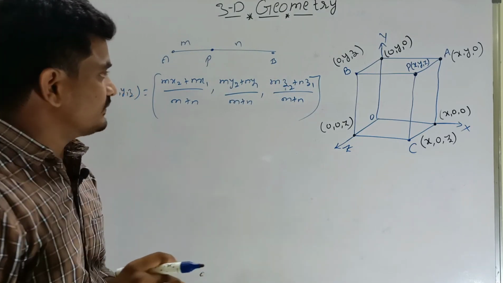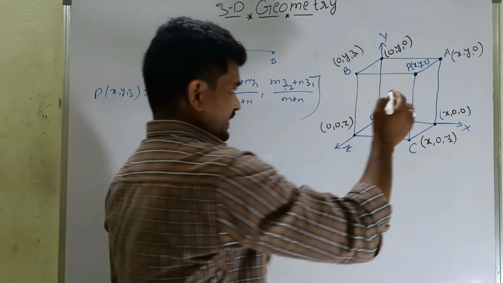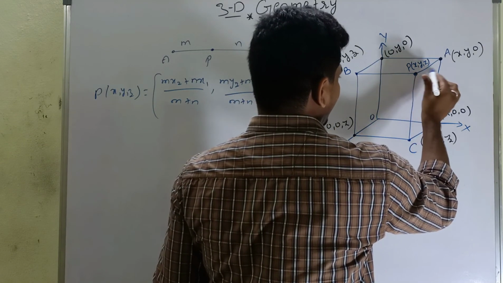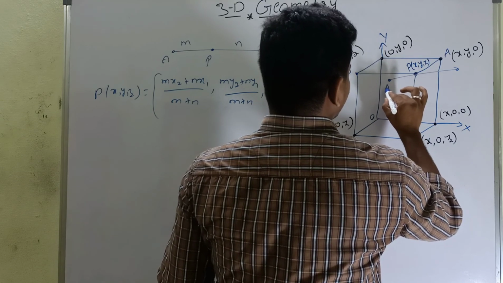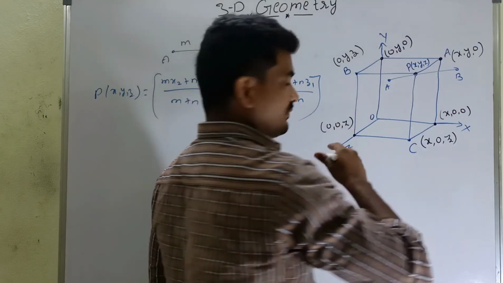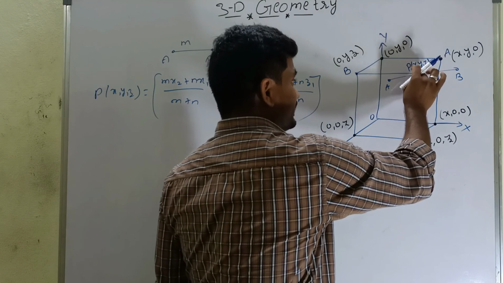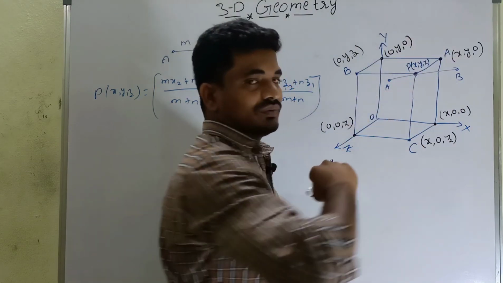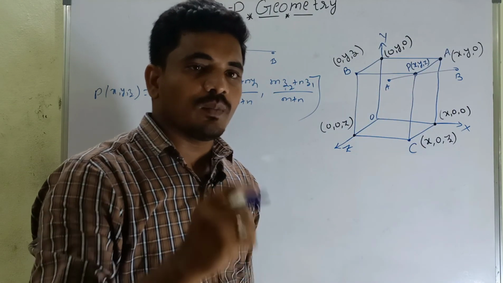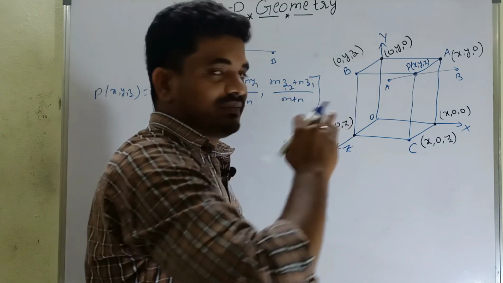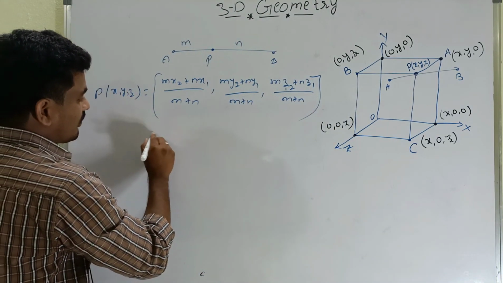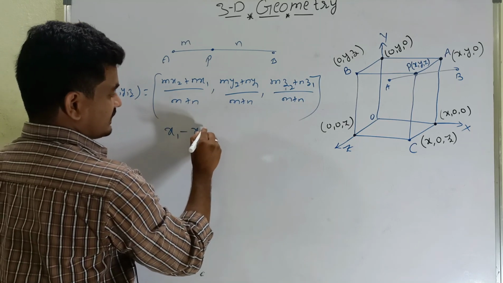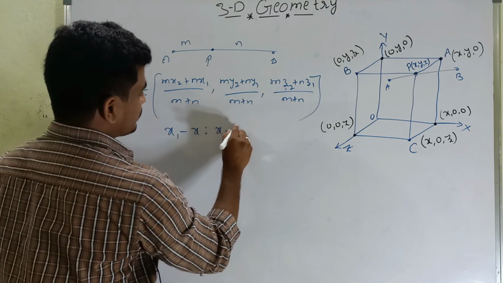Okay, and next term, for example, there is a line, here a point A and B. In what ratio does point P divide AB? To find that, we have (x1 minus x) is to (x minus x2).